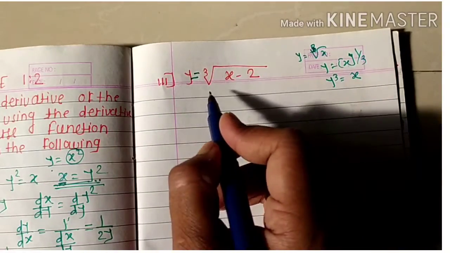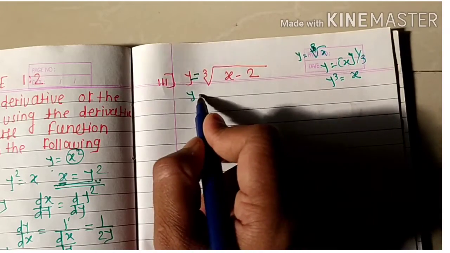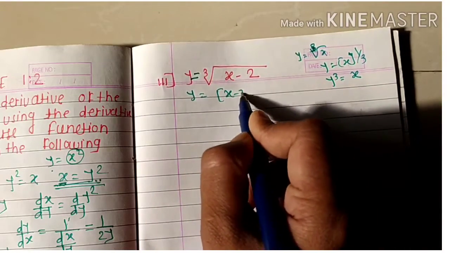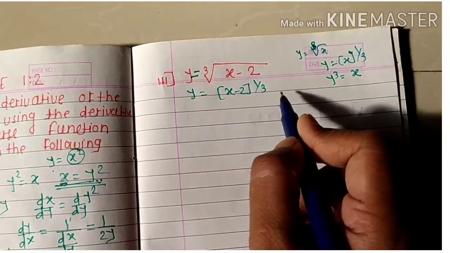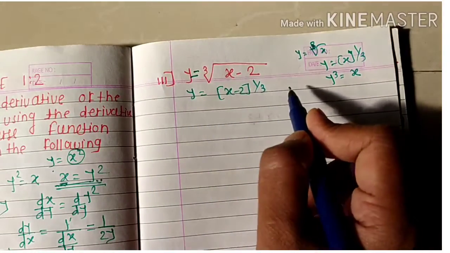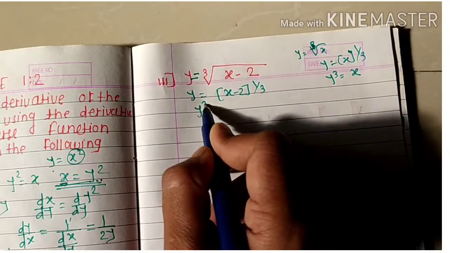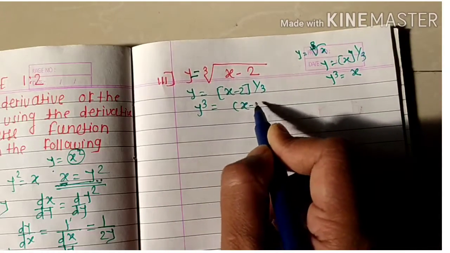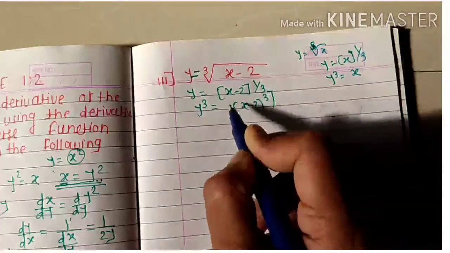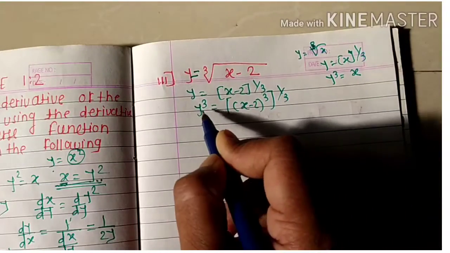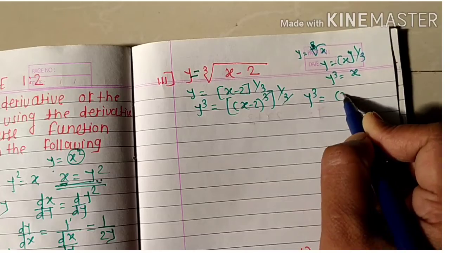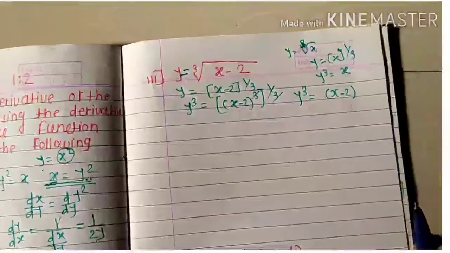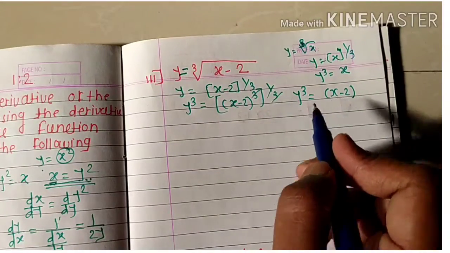Similarly here, y is equal to x minus 2 raised to the power 1/3. To remove the cube root, taking cube on both sides, what do we get? y cube is equal to x minus 2 raised to 3 and raised to 1/3, which cancel, and what remains is y cube is equal to x minus 2. After that we express x in terms of y.